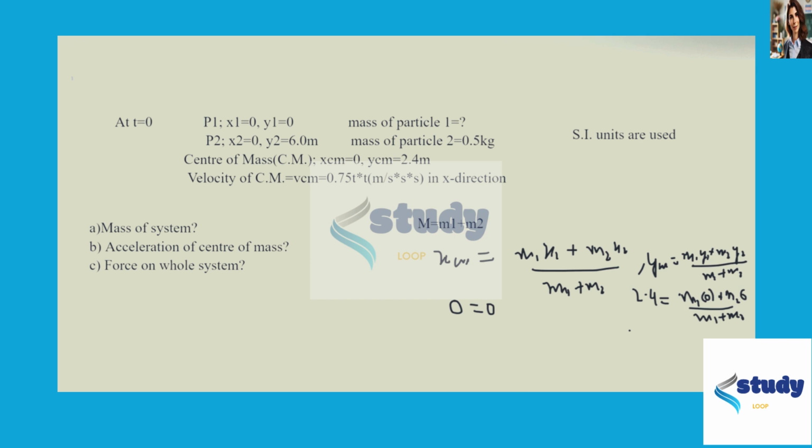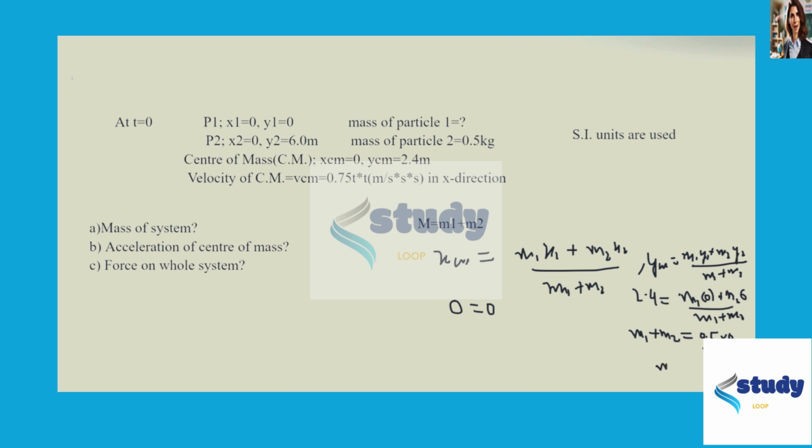So we can calculate m1 plus m2. Putting the value of m2, we have 0.5 times 6, divided by 2.4.